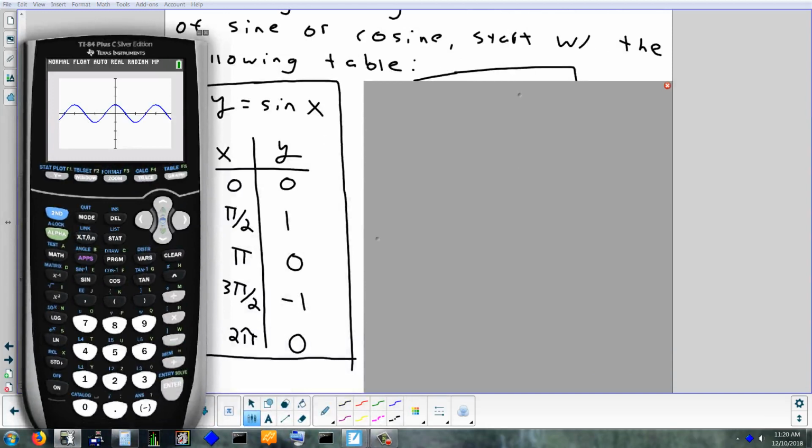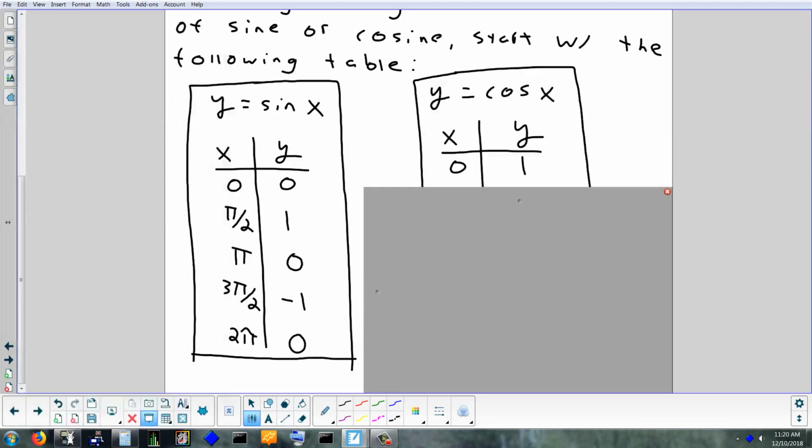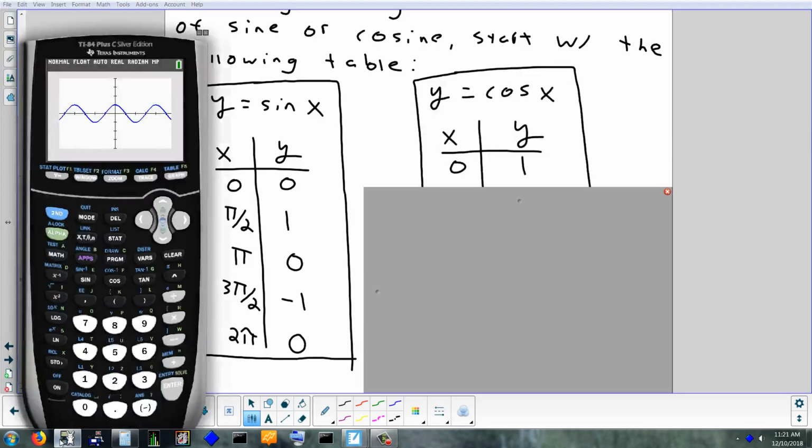Looking at the first cycle of cosine, what's y when my x value is 0? Robin? It doesn't go through the origin. Yeah, this one is (0, 1). So when you're at 0 for an x value, the cosine of 0 is 1.